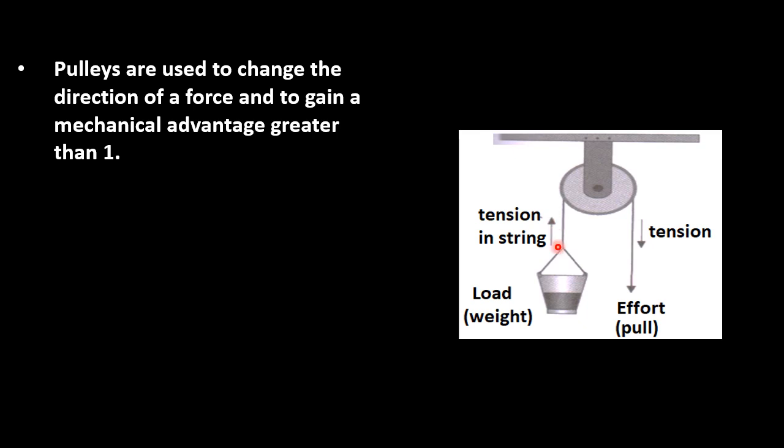Naturally, it is supposed to move down due to its weight. So the direction of the weight is reversed by a force applied here. So the use of pulleys is basically to change the direction, in this case the direction of the gravitational force, because we are looking at the load, which is the same as weight.